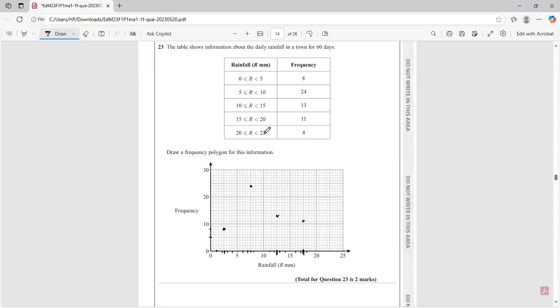Finally, 20 and 25. 20 plus 25 is 45. 45 divided by 2. Please take note of what we're doing to get what should be on the x-axis. We have to divide by 2 at each point to get that value.